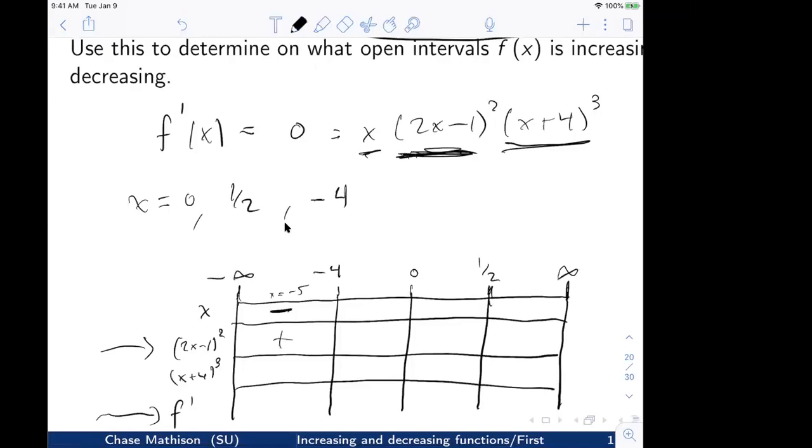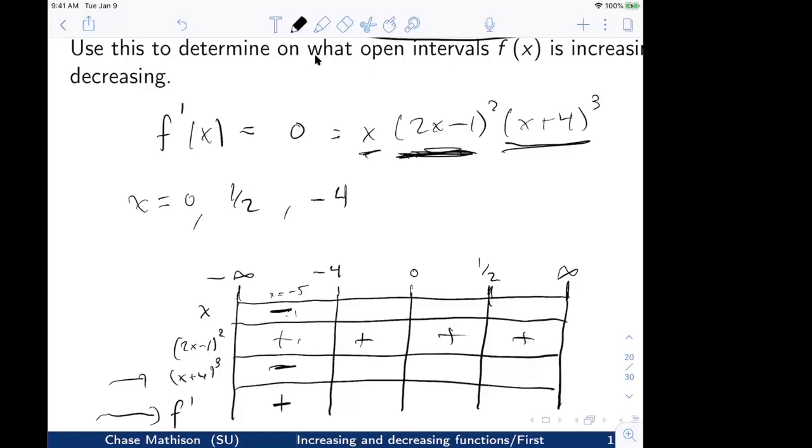Anything squared, I'm going to get positive all the way across. So that's nice. And then what sign does (x plus 4) cubed have when x is -5? Minus, very good. So then f prime between minus infinity and -4 is negative times positive times a negative, which gives me a positive.